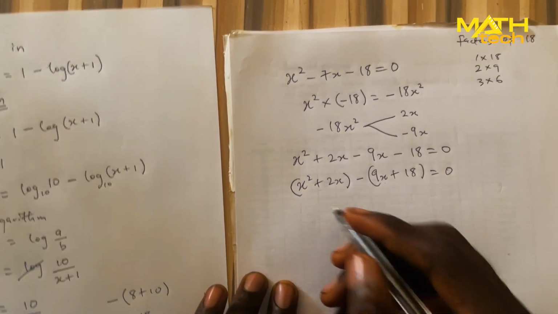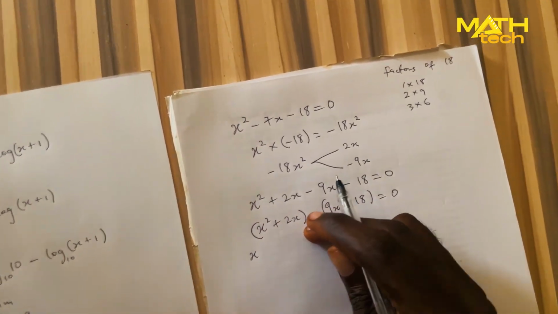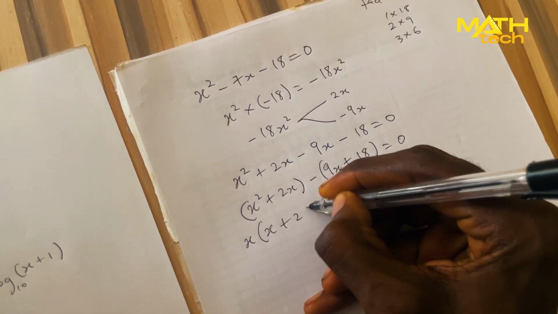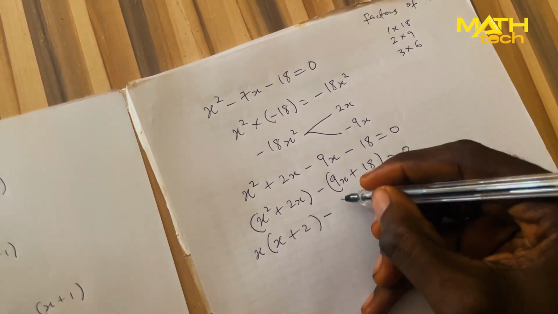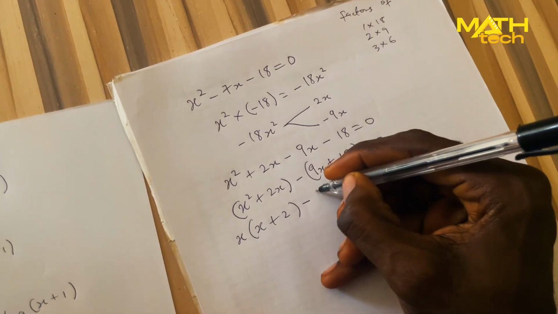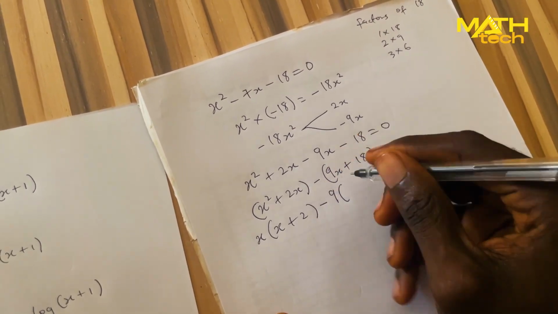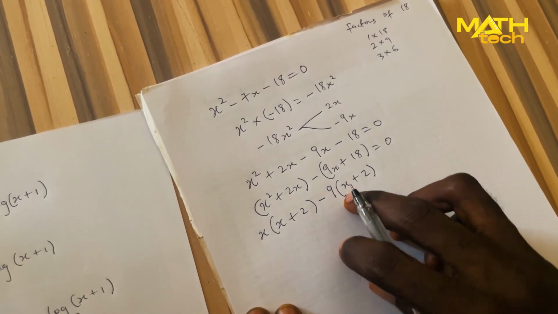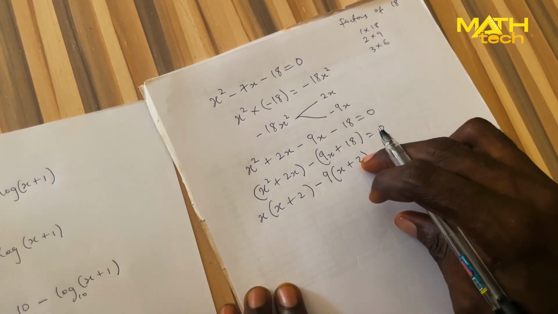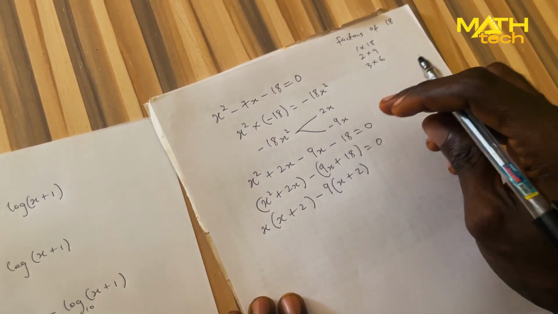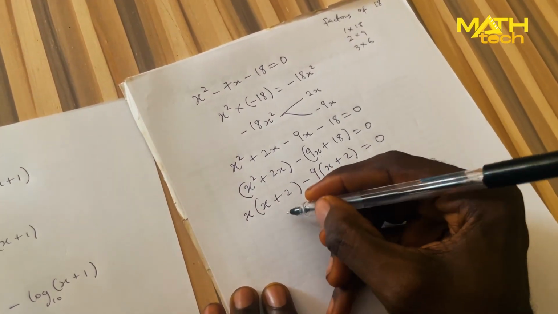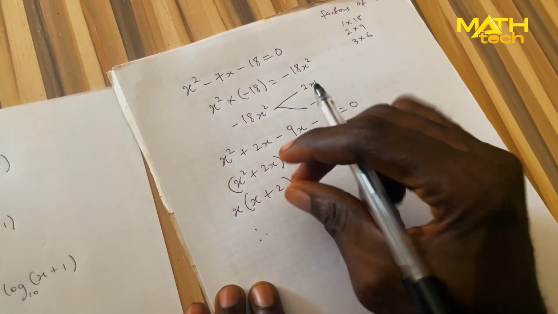And factoring out from the first bracket, we'll have x, because x is common, so we have x times x plus 2. Factoring from the second bracket, we'll have minus 9, and here we'll have x plus 2. Looking at this, minus 9 times x gives us minus 9x, minus 9 times 2 gives us minus 18, equal to 0.